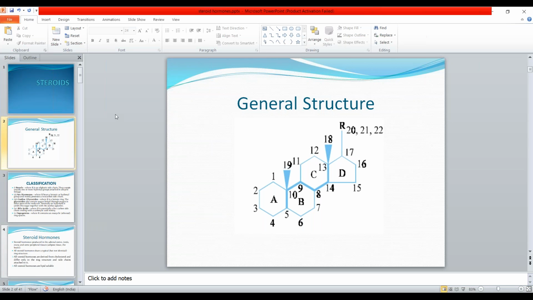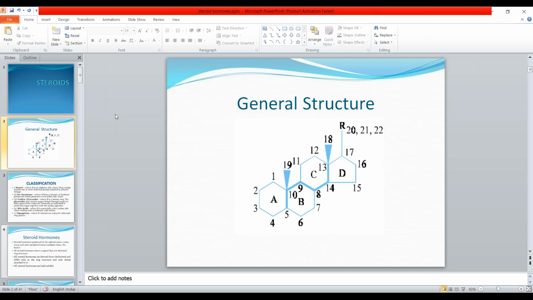Now, like I said, you can get different types of steroids from different sources. In human beings, there are basically two different types. One is what is called the sex hormones. The other are the adrenal gland hormones, or what are called adrenocorticoids and glucocorticoids.